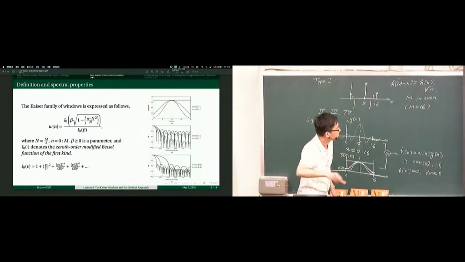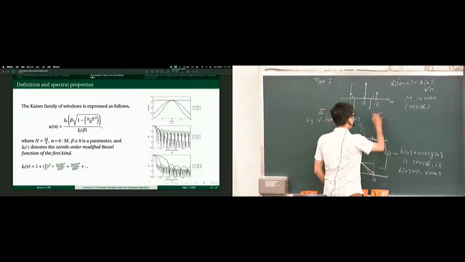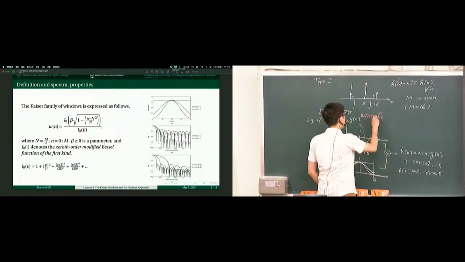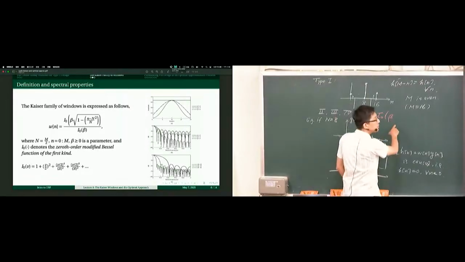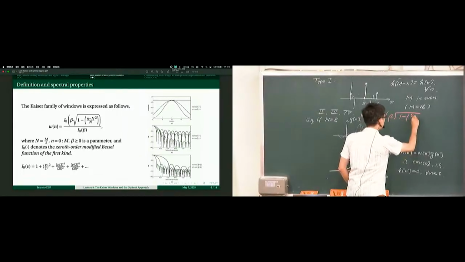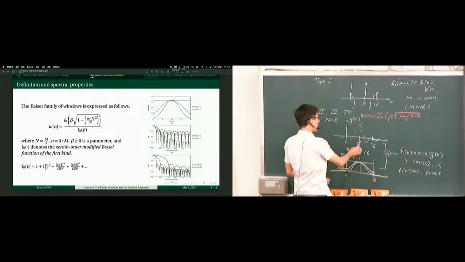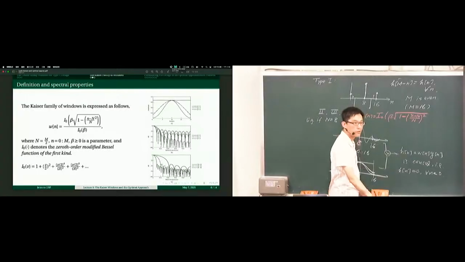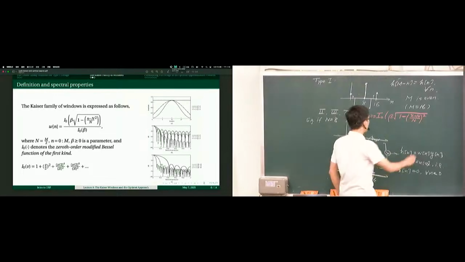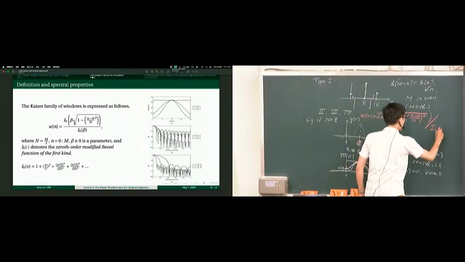For the Kaiser window, Wn is I0 of beta times a square root of 1 minus the quantity small n minus big N, big N being the middle point, for example 8, divided by big N, and the square should appear outside the parenthesis. 括弧外面. So please make a correction. And then normalization.